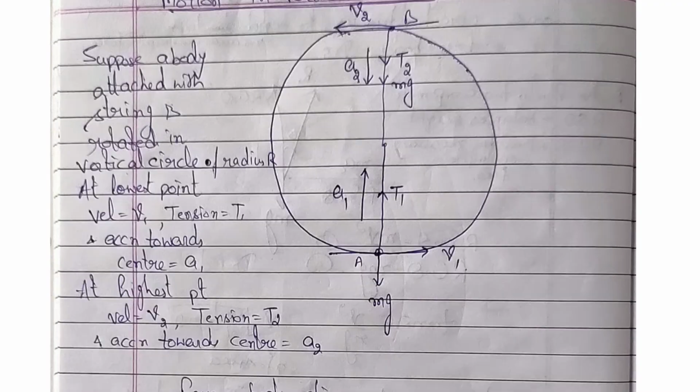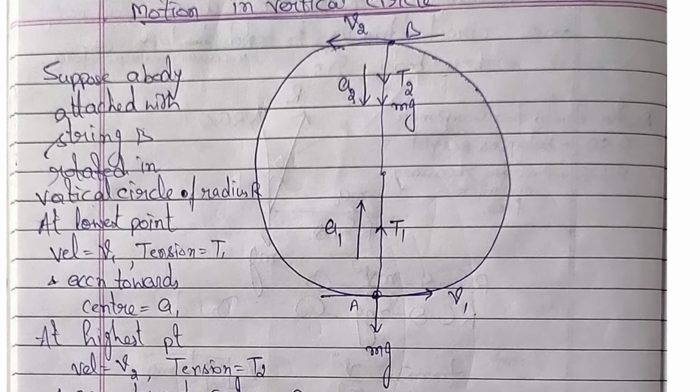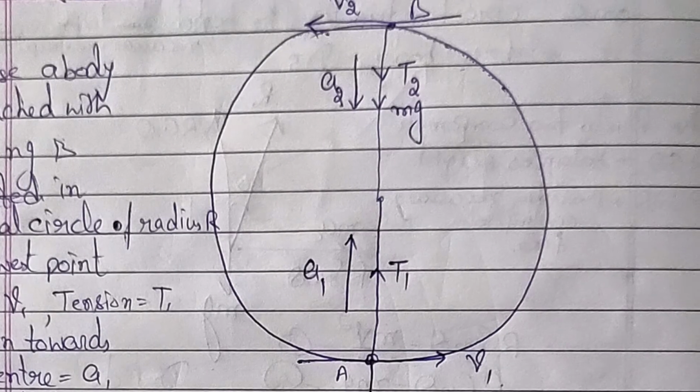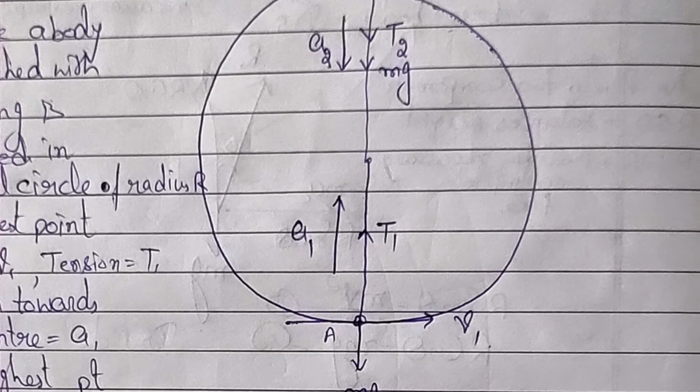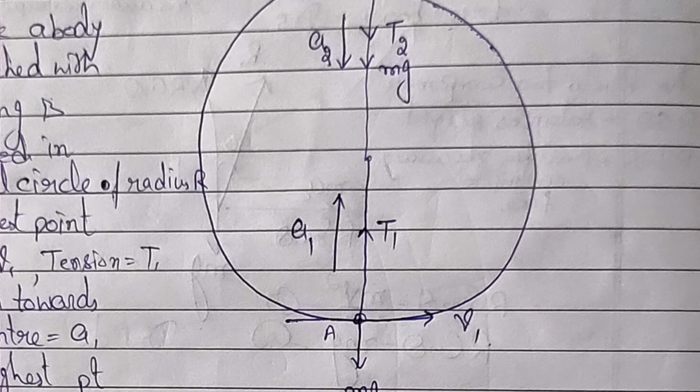Let us now discuss circular motion. Consider a thread, a string, tie a stone to it, and revolve it in a vertical circle.